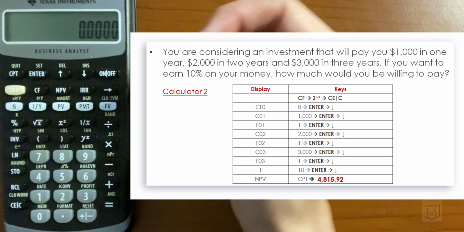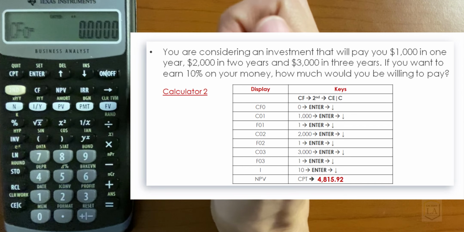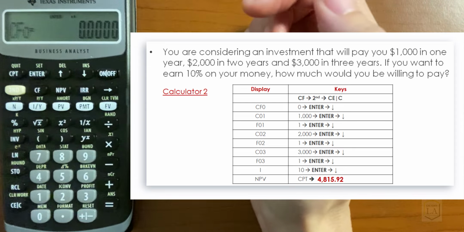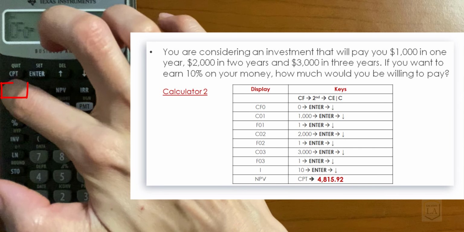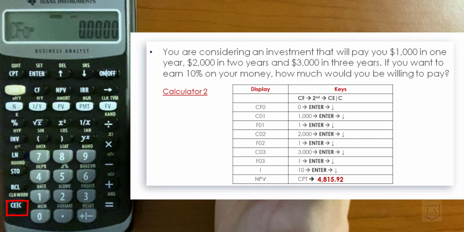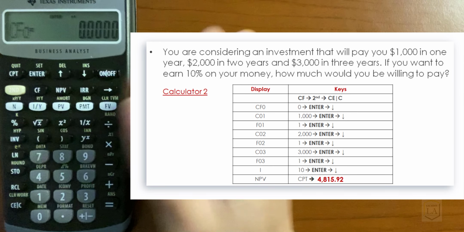So, this is another cash flow work. So push cash flow, and then you want to just erase everything from the earlier work. That can be done by second C, which is just clearing all the work.